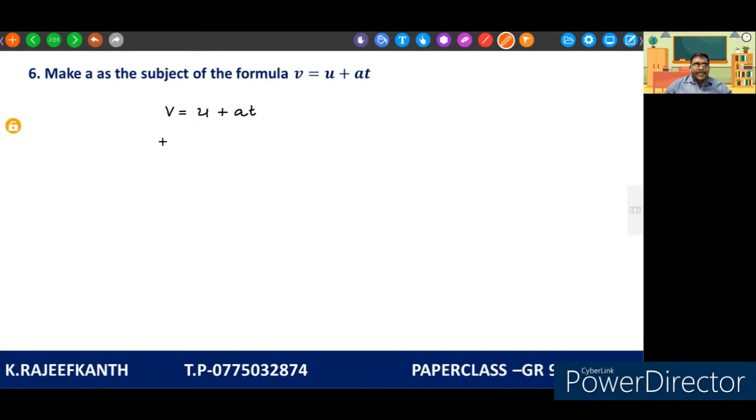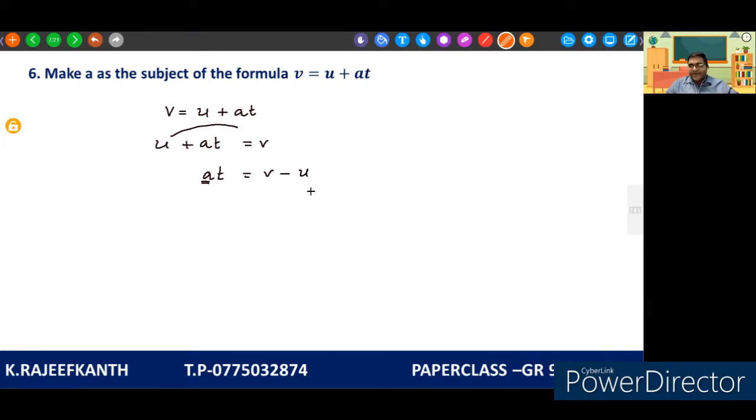So I will rearrange this one. U plus AT is equal to V. So I should move this U to the other side, the right side of the equal sign. Then AT is equal to V minus U. Now I should find A. So I should make this A the subject.